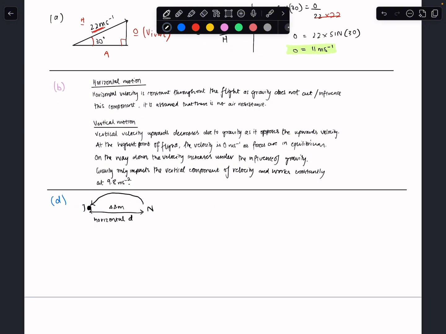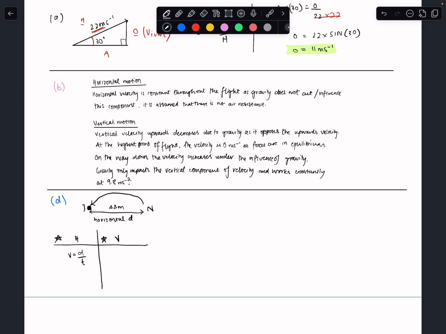Well, as per routine now, we need to make a table. We've got our vertical components on this side and our horizontal components on this side. For our horizontal components, we always use this equation. This is because this equation is for constant velocity, and we know that the horizontal velocity component is always constant.